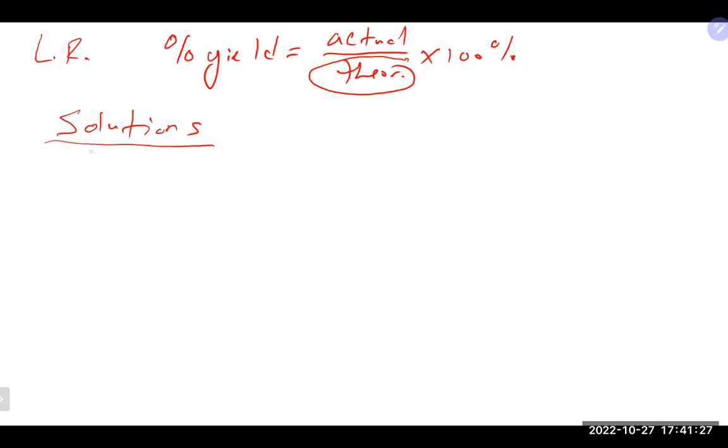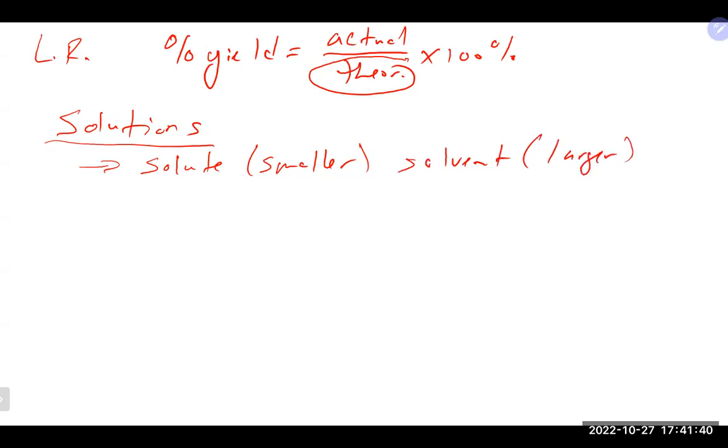All right, so solutions are really made up of 2 things. It is the solute, which is the smaller part of the solution, and it is the solvent, which is the larger part of the solution. And again, both of those things together really do make up a solution, and the solution is the guys that get the aqueous symbol here.